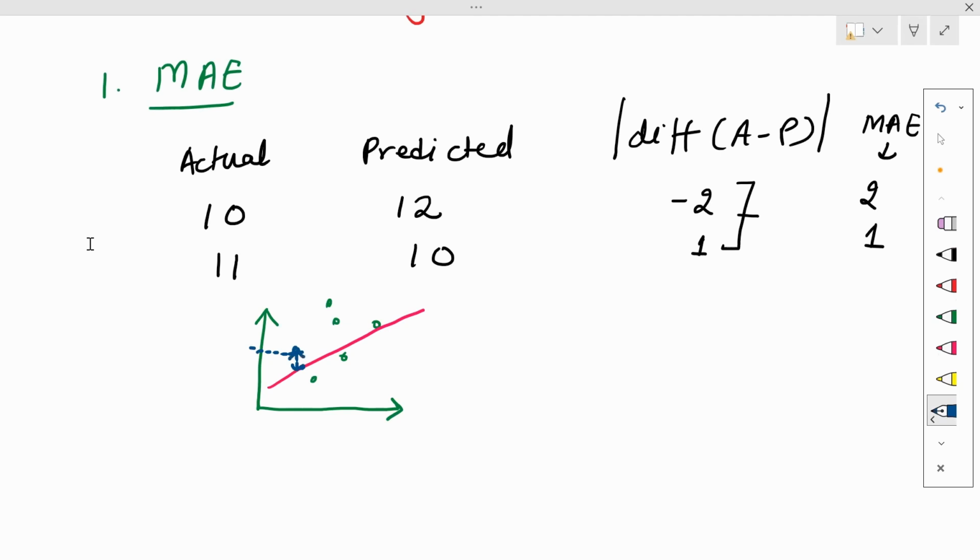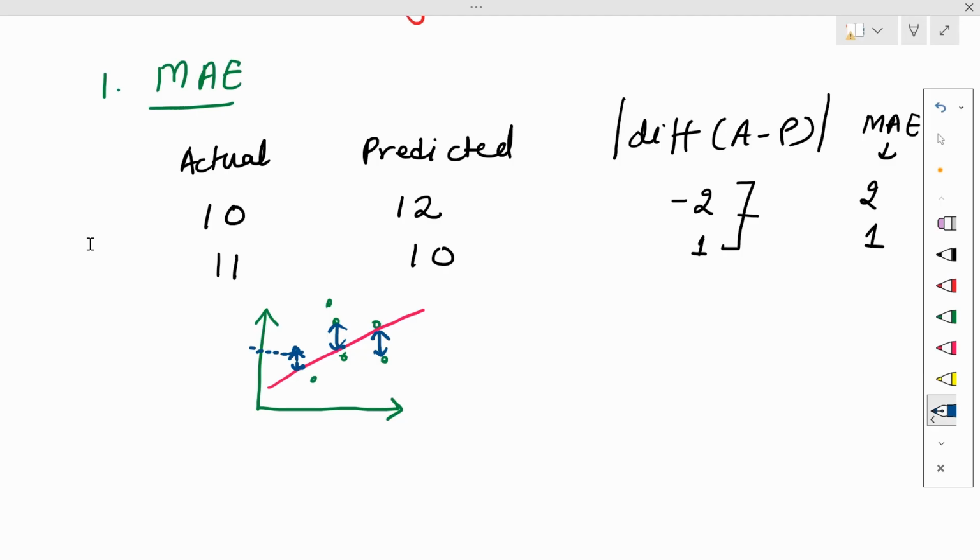In the same manner, for this point, this is the actual value while here is the predicted. So this is the difference between actual and predicted. If we have a point here also, then this will be the difference between actual and predicted. So in case of mean absolute error, we are just taking these differences without considering the direction in which points are deviated from the regression line.